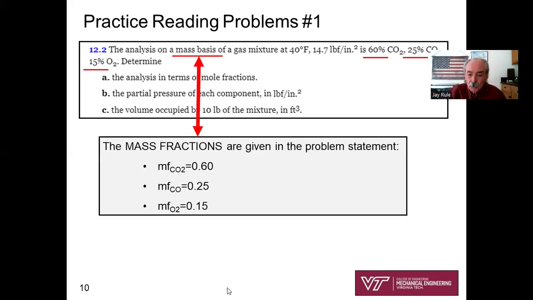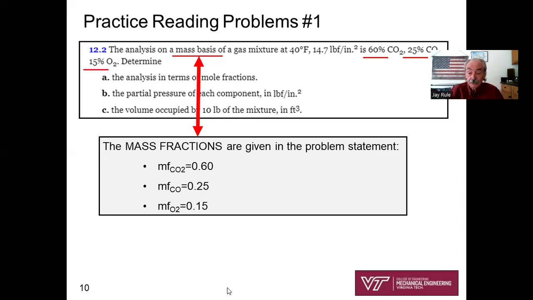Let's do some practice reading real homework problems. The analysis on a mass basis of a gas mixture at 40 degrees F is given, and you're asked to find different things associated with that. When you quickly read the problem, mass basis means the mass fractions are given.